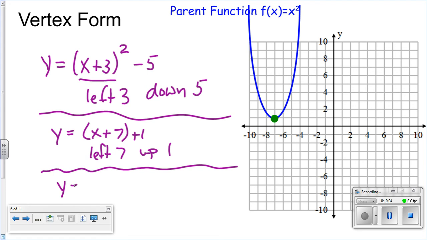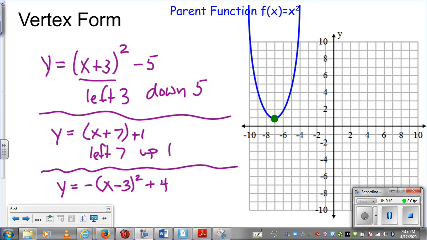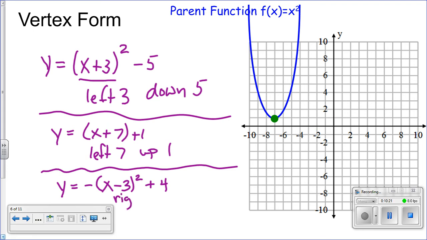If I give you y is equal to, we're going to negate and we're going to say negative (x minus 3) whole thing squared plus 4, then this is going to go right 3, up 4, and it's going to flip.